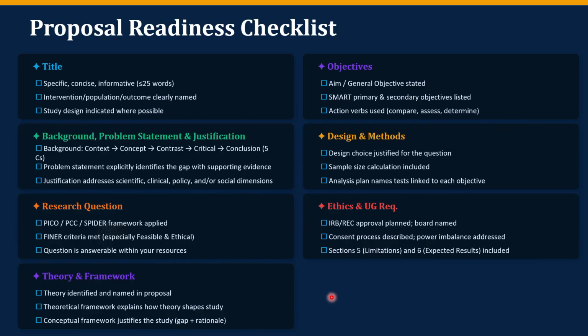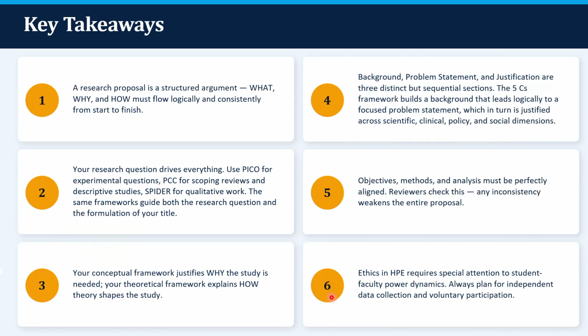You have to justify the design chosen and align the design with the question, and you have to mention the details of the methods carefully: the population, the setting, the study design, the data collection tools, the analysis, and the ethical part. Ethical approval is not enough.